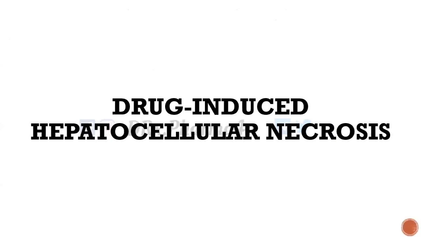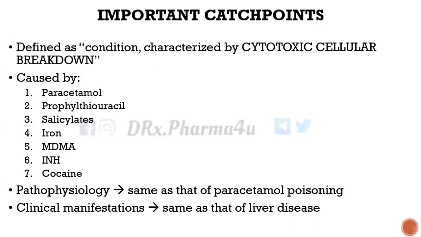Now we come to drug-induced hepatocellular necrosis. Necrosis, I hope you know very well, is a condition which is also known as irreversible cell injury. It is defined as a condition characterized by cytotoxic cellular breakdown or hepatocellular damage.